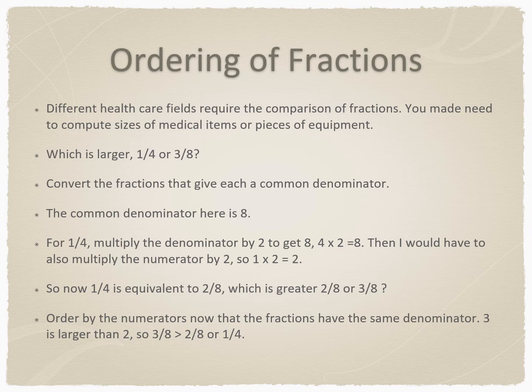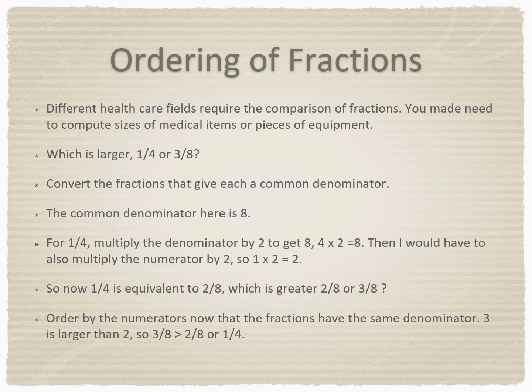That makes it easier to see which one is bigger. Your 3/8 is obviously more than your 2/8. So if we convert it back to our original problem, the 3/8 is going to be greater than the 1/4. Make sure you write it back into the original form.